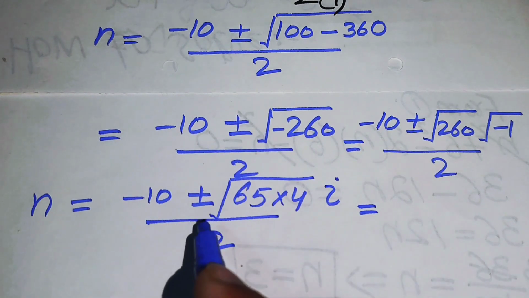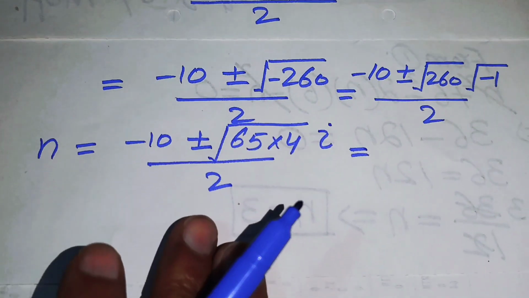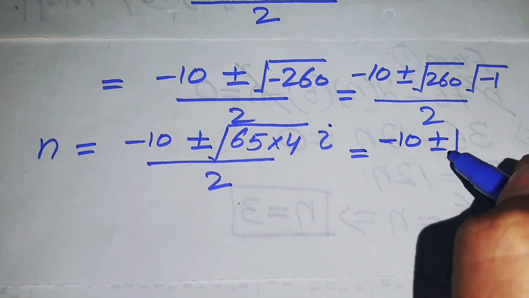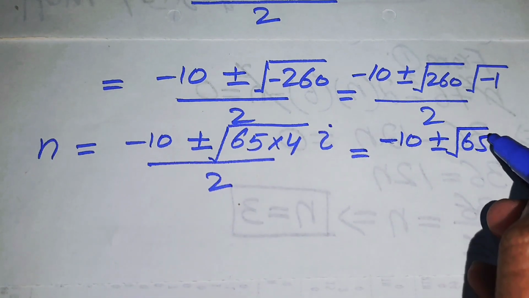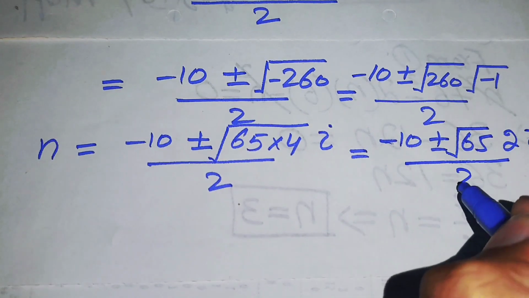Here we make a little bit of simplification, and you know that the square root of 4 equals 2, and we obtain minus 10 plus minus square root of 65 into 2 times iota over 2.